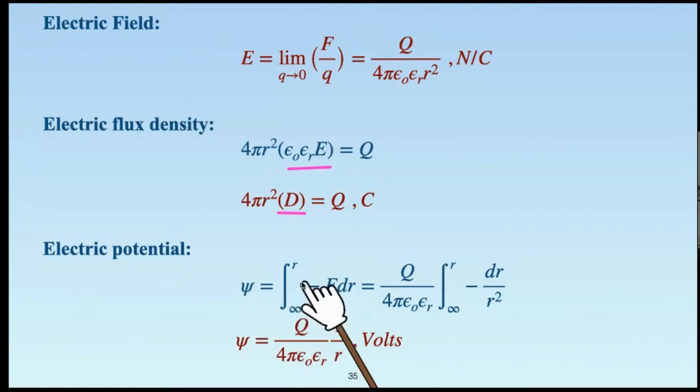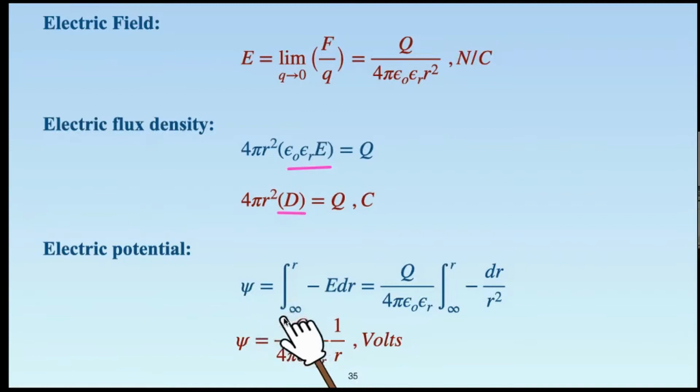So you are trying to move a standard test charge under the electric field over a distance. That distance is integrated from infinity to point r. So minus of E dl integration from the initial point to the final point. This equation you have also studied in EMF.